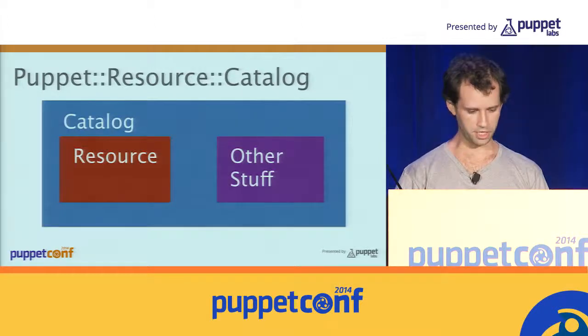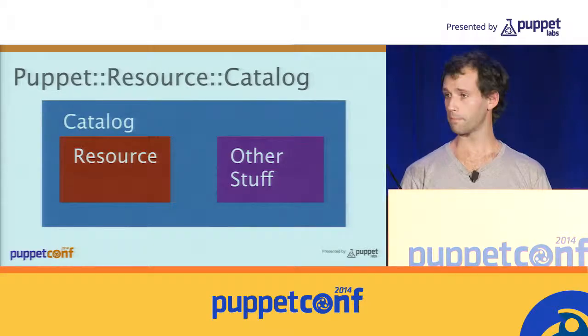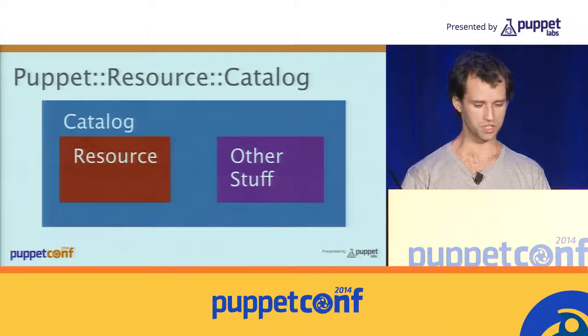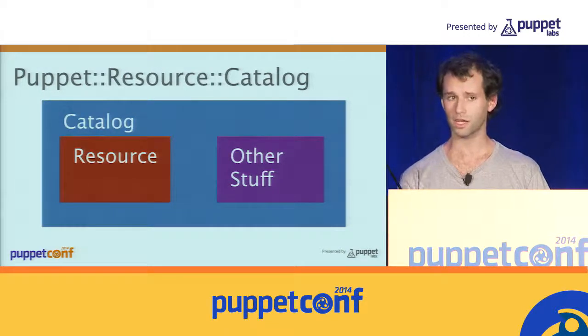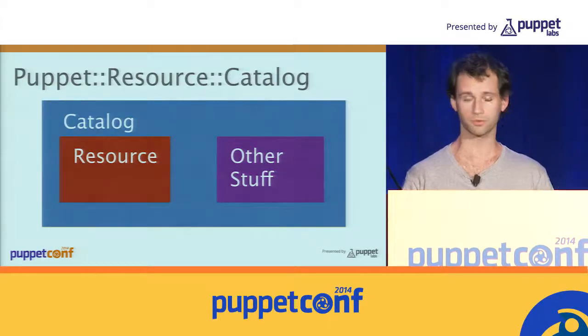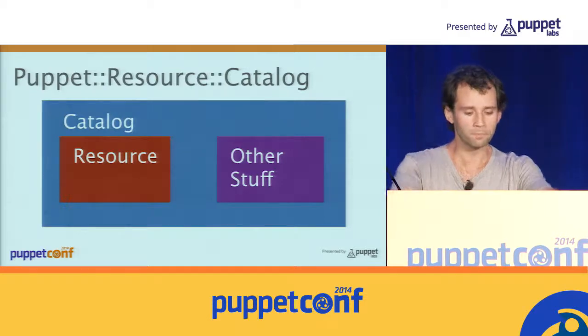This catalog object contains a bunch of instances of Puppet Resource, along with some other stuff, including edges and a list of classes. If you actually just hit the catalog endpoint on the Puppet master, or if you get a catalog from PuppetDB, which caches all of the catalogs, you can look at this data structure directly and see what all's in it. It's interesting to do. I recommend it.